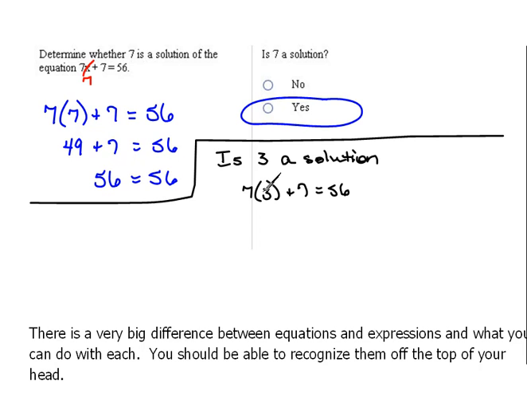So here we would have 7 times 3 would be 21, plus 7 equals 56. 21 plus 7 would be 28, and that is not a true statement, is it? So 3 didn't work. It didn't create a true mathematical statement. So it is not a solution.